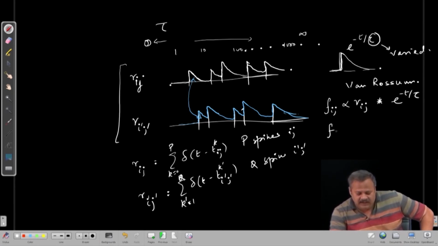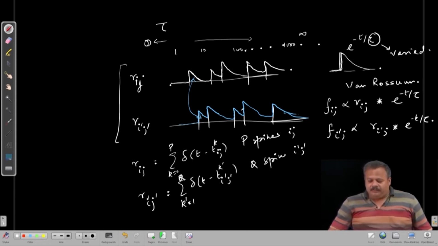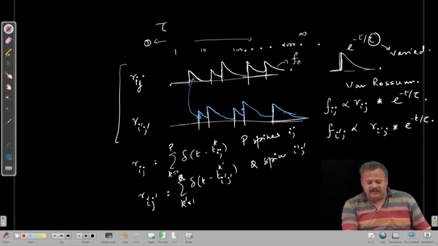Similarly, let us say F I prime j prime is proportional to r I prime j prime convolved with e to the power minus t by tau. So this is the white curve that we have here. This is our Fij, and the cyan curve function that we have is our Fi prime j prime over t.